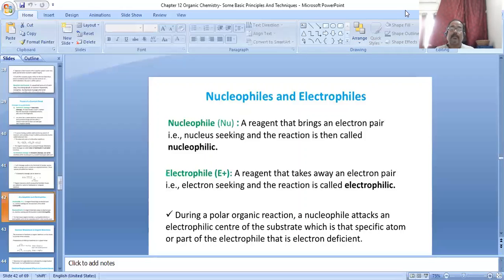But in case we see the structure of this water or hydrogen oxide, two bonds are formed here, and we know that 6 electrons are present in the outermost shell of oxygen.